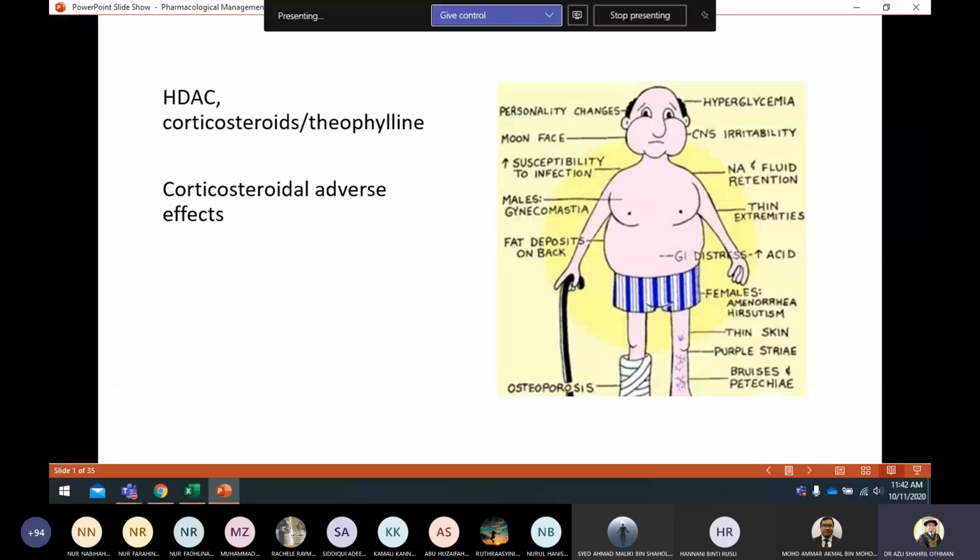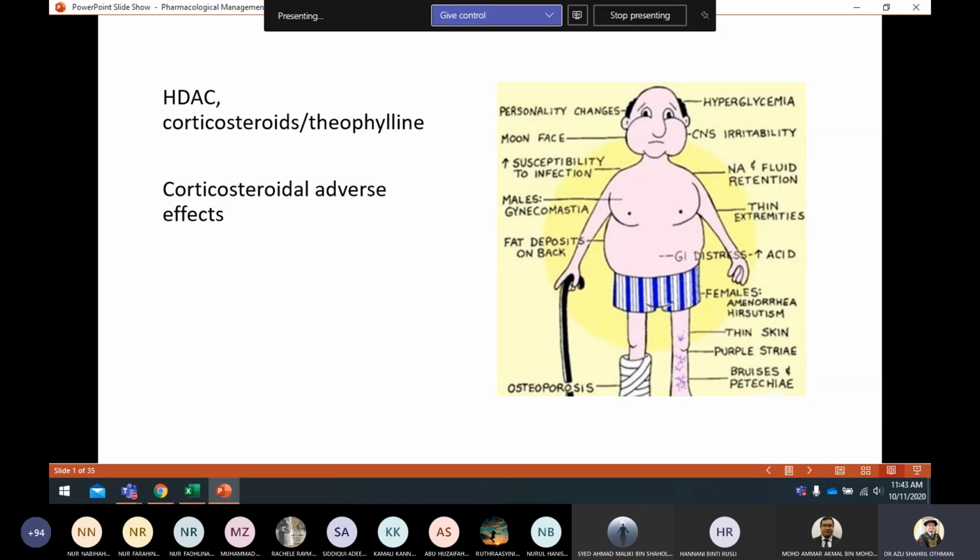That is also the same mechanism that is postulated to be used by steroids. So it is not just theophylline that makes use of this histone deacetylase, but also steroids. Steroids are also thought to reduce inflammation using the same mechanism.